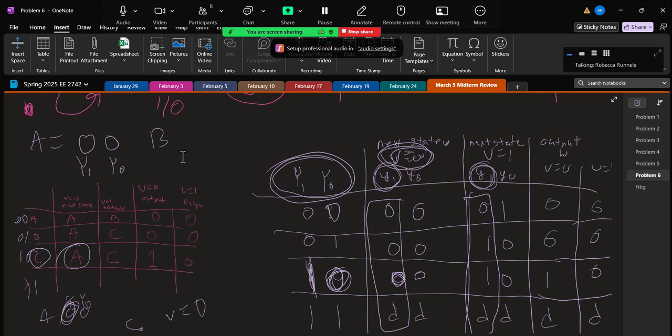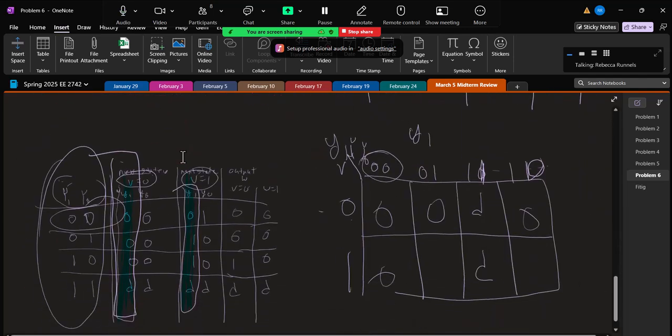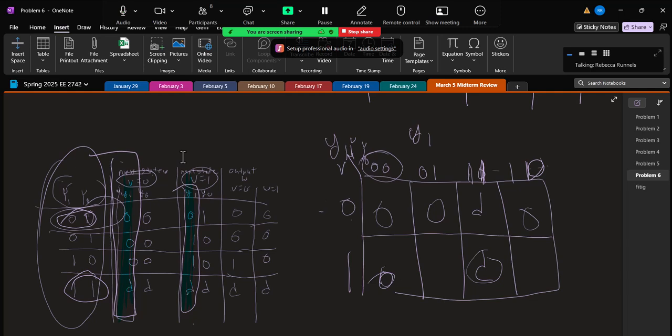It's a don't care only when Y1, Y0 is 1, 1. So when Y1, Y0 is 1, 1, I have a don't care, otherwise I have zeros. So now when V equals 1, I see that I've got a 0 when Y1, Y0 is 0, 0. I've got a don't care when Y1, Y0 is 1, 1. And for 0, 1 and 1, 0, I have 1s.